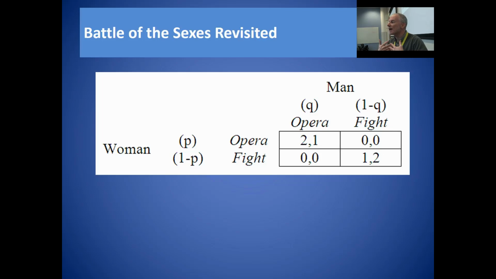Therefore, they need to look at their expected outcomes. So that's what we need to find for both the man and the woman. Their expected outcomes. What payoff can they expect given that there's uncertainty over what their partner is also going to do? So, let's look at the woman first of all.